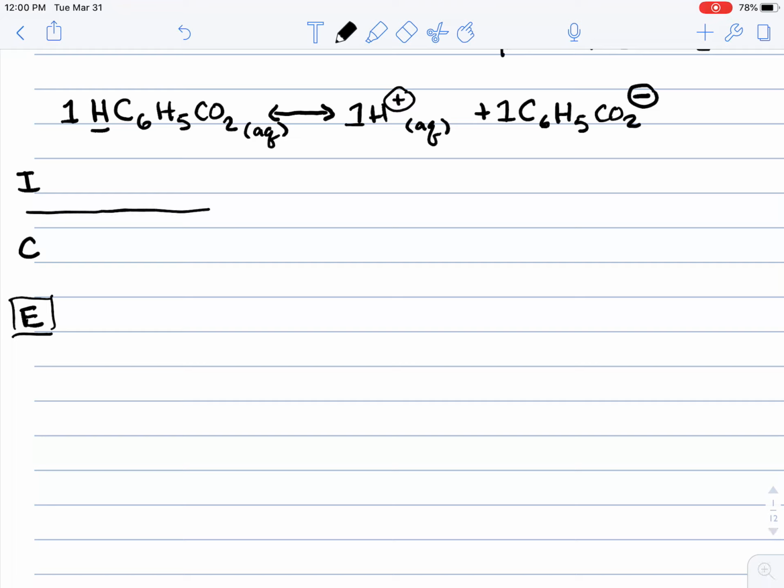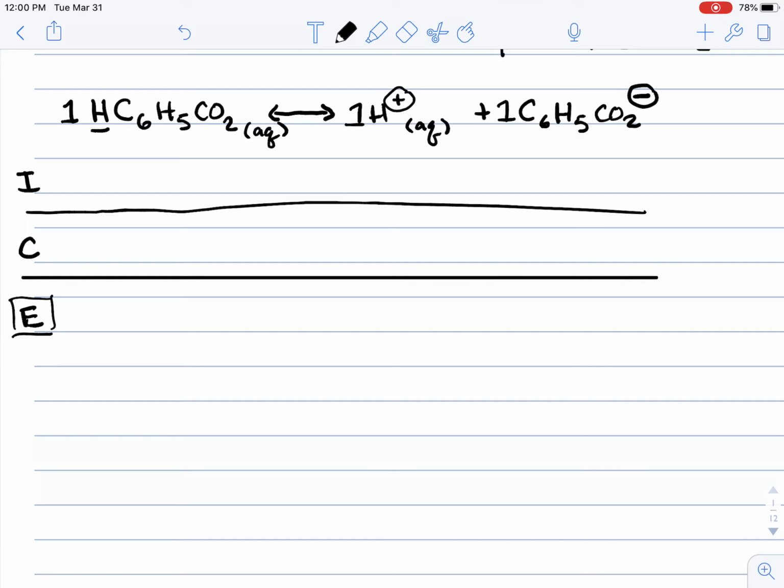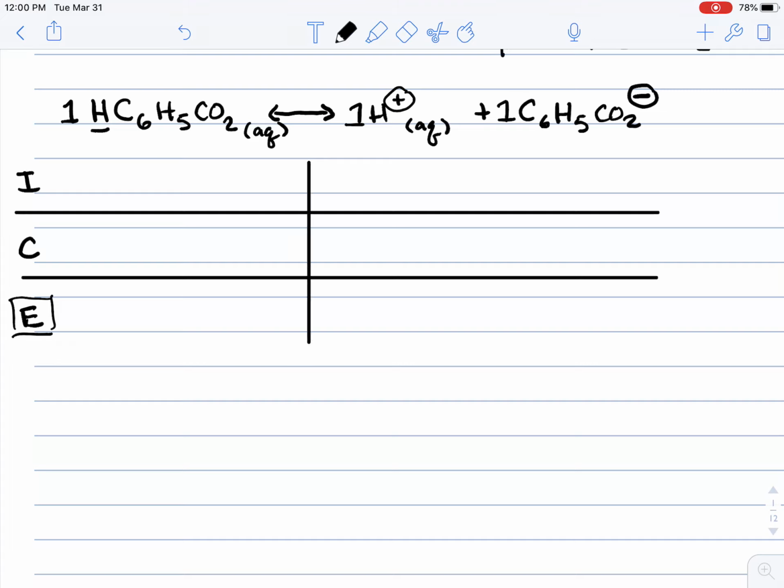And so I'm just going to go ahead and make this table right here. Since the physical state of matter for every single one of our compounds is aqueous, that means that all of these chemical species need to be included in our mass action expression.